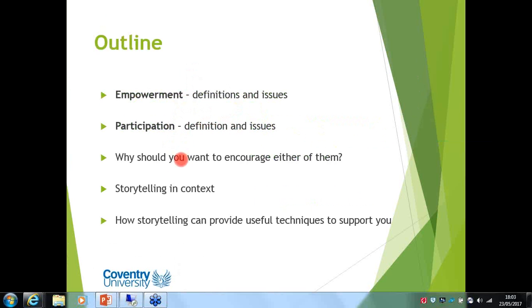And I'll explain also why it's useful to consider them separately before beginning to bring them back together again. And finally, I will explain how some techniques from storytelling can be useful to a manager who wishes to encourage employees to develop more fully in decision making in their organisation and to engage in the workplace.